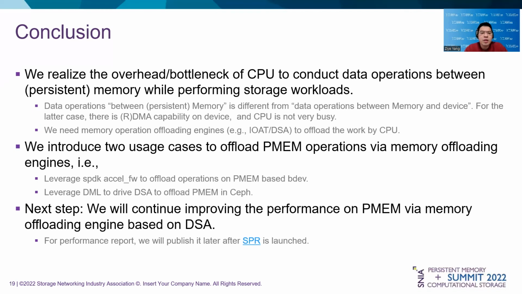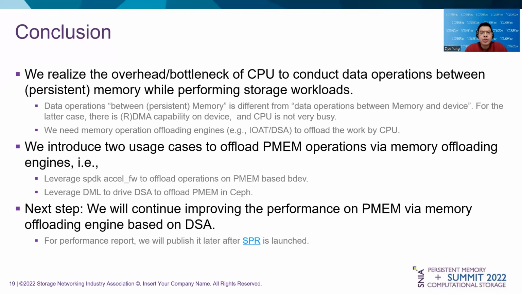So we need some hardware-based memory offloading devices, such as Intel's IOAT or DSA engine, to offload the work by the CPU. So in this presentation, we introduce our solutions based on those hardware-based memory offloading engines.